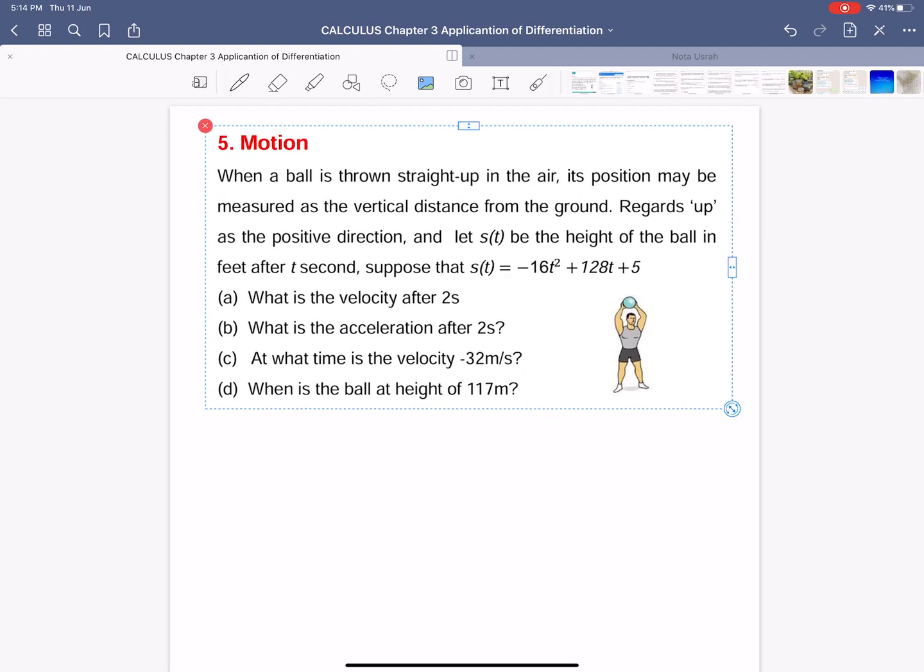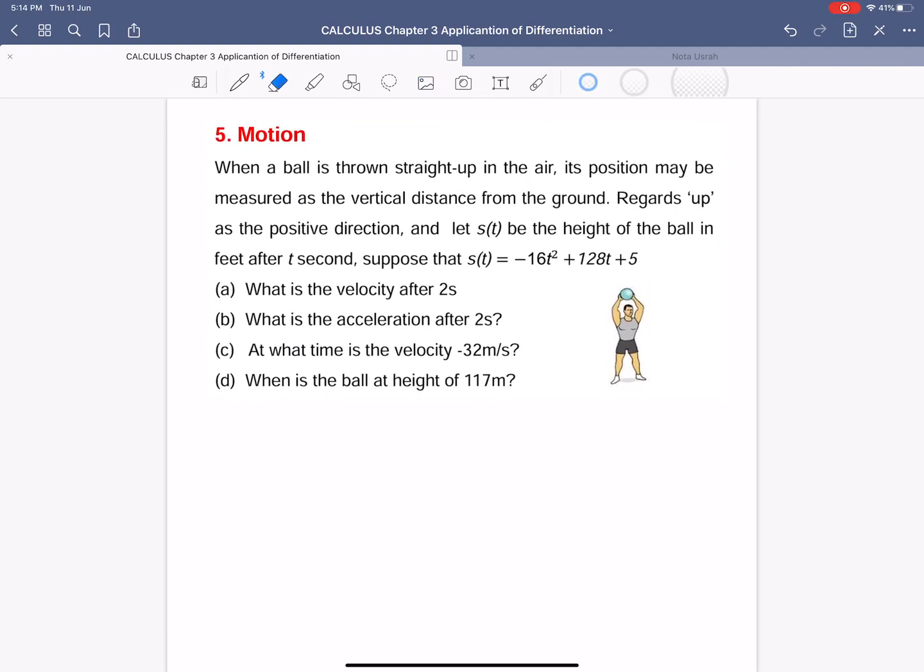So for question B, just now we have that v, or the ds/dt, is equal to negative 32t.